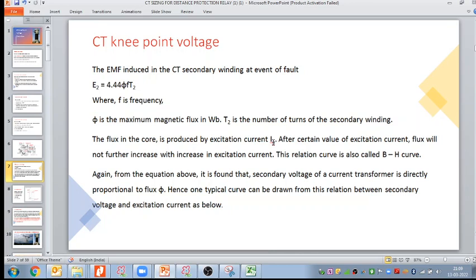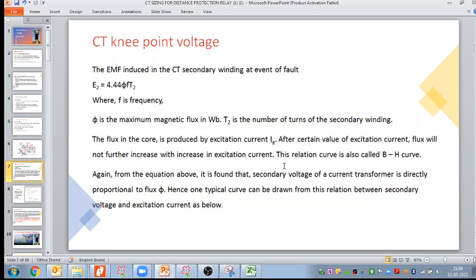Due to that the error occurs in the CT also, because some part of the current is invested into the excitation or magnetization of the core. After a certain value of excitation or magnetization current, the flux will not increase further with increase in excitation current.